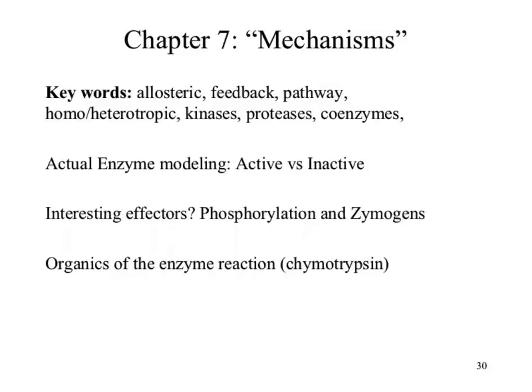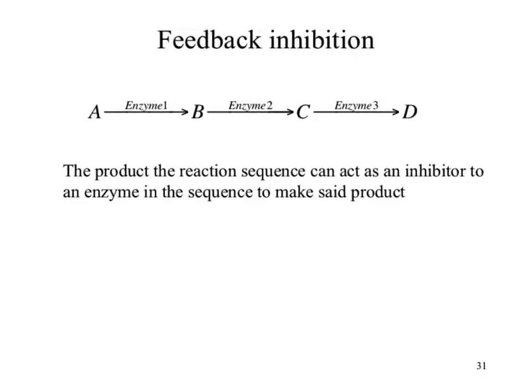What are those? So if an enzyme gets affected, we've got a couple examples. Phosphorylation can be something that can affect them. We can also hear something about zymogens and what those are. And then we'll look a little bit at the organic chemistry behind an enzyme reaction, particularly chymotrypsin.